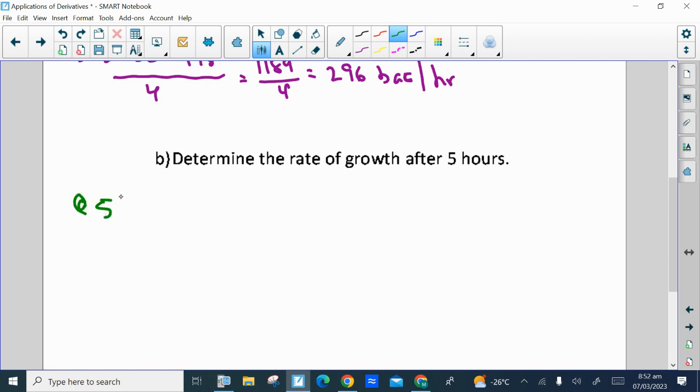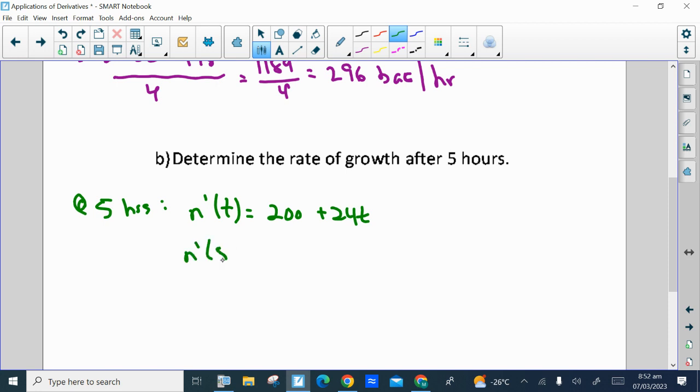So at 5 hours, we would have to find N prime t, the derivative of N with respect to t, which would be 200 plus 24t.